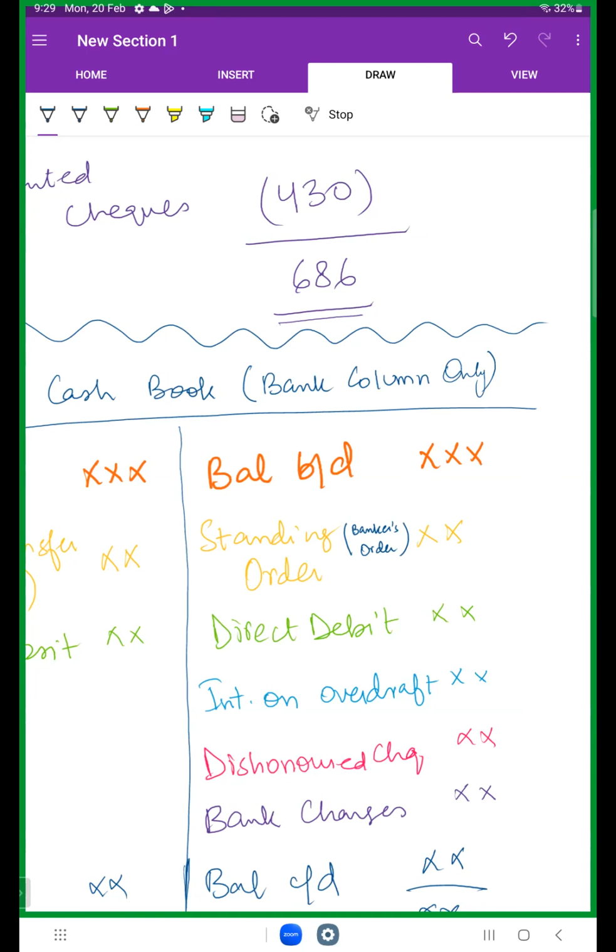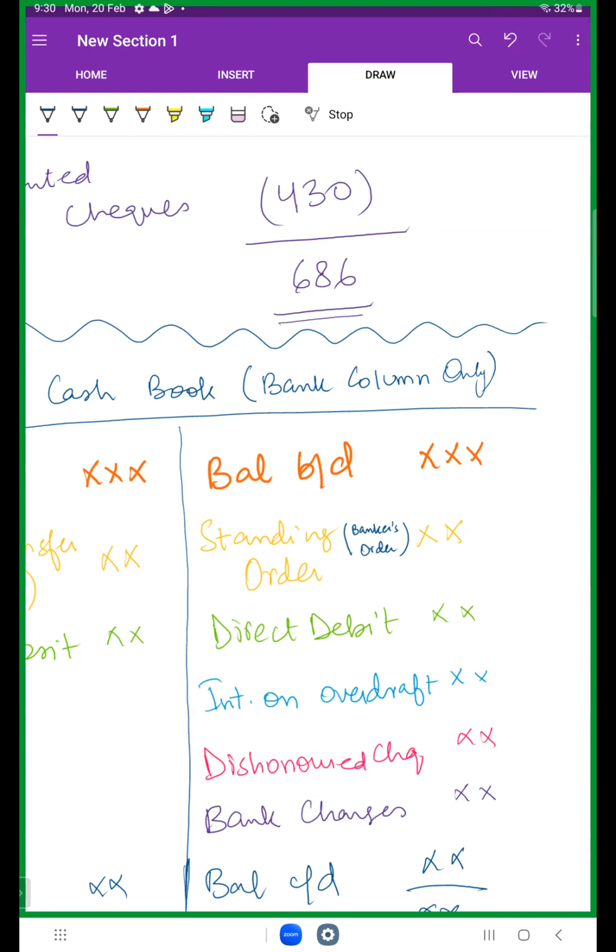Okay, maybe there's an issue with the signature, or overwriting on the cheque. Maybe the cheque is post-dated. Usually cheques are valid for 6 months. Okay. What about interest on overdraft and interest on deposits?